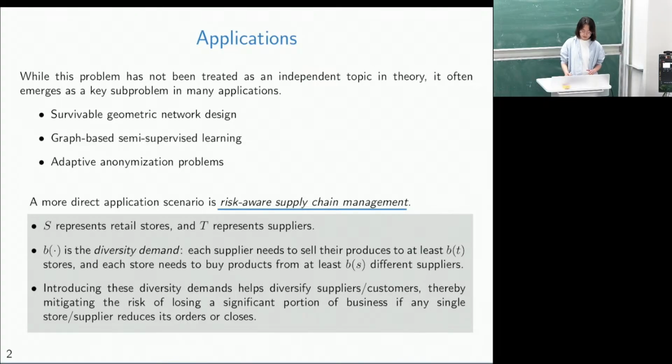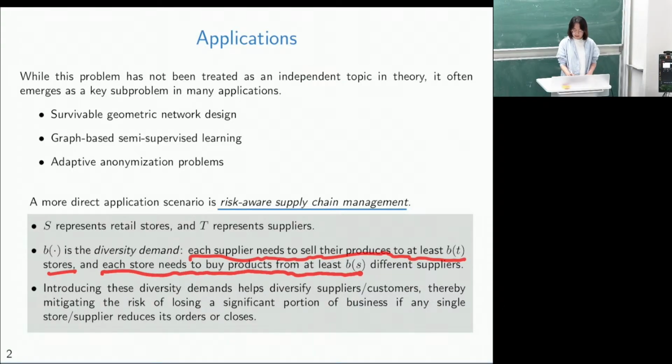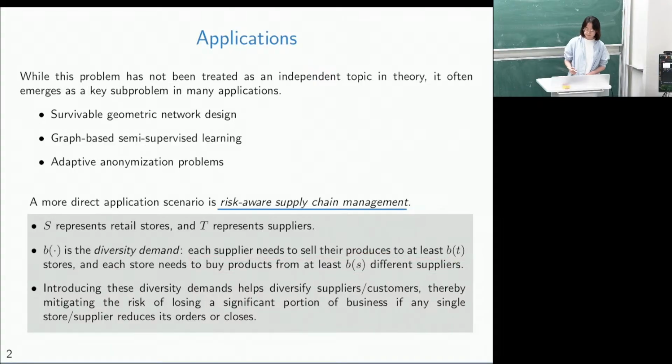In this application, one point set S represents retail stores, and T represents suppliers. Then we want to diversify the business. Here, this demand function B can be considered as the diversity demand. So each supplier needs to sell their products to at least b_T stores, and each store needs to buy products from at least b_S different suppliers.